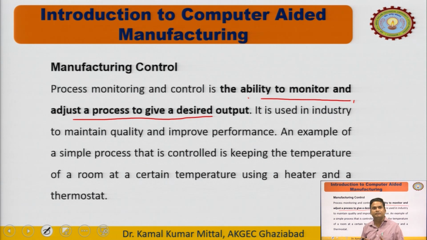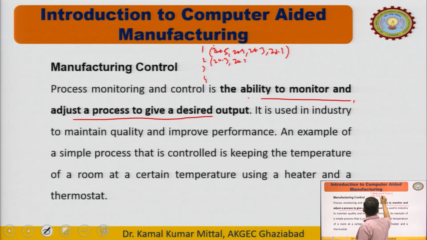So for that we are having some quality characteristics also, like suppose we are having 4 samples. The dimensions are 20.5, 20.4, 20.3, 20.1. These are the different dimensions of sample 1 of different shafts, like in second 20.3, 20.2, 20.1, 20.01, and 20.5. Like in 3, 20.3, 20.9, 20.5.